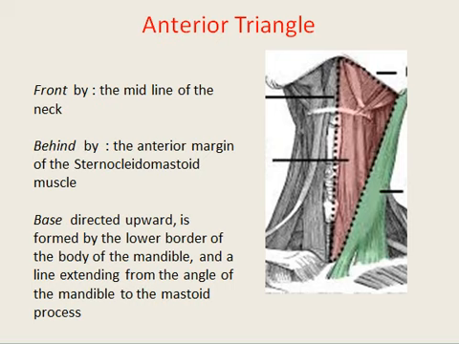Anterior triangle: midline of the neck, behind by the sternocleidomastoid muscle, base toward the lower border of the mandible and a line from the angle of the mandible to the mastoid process.